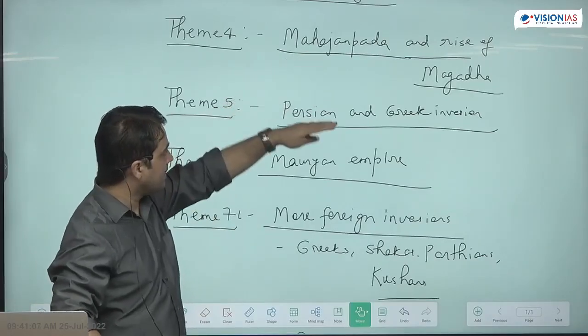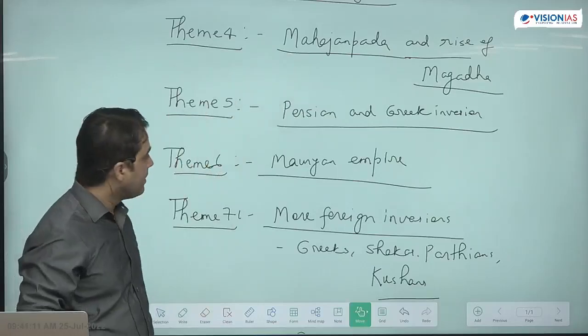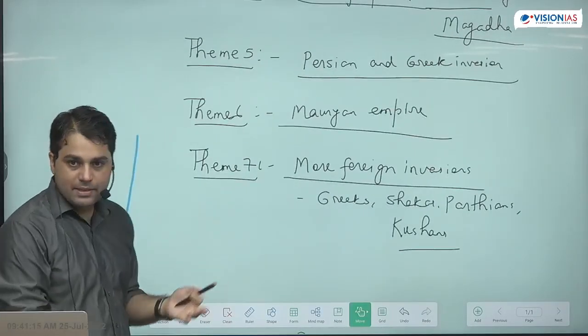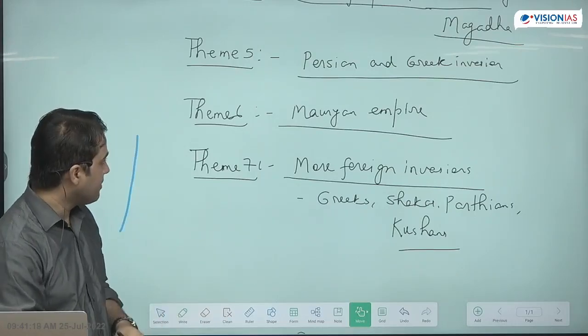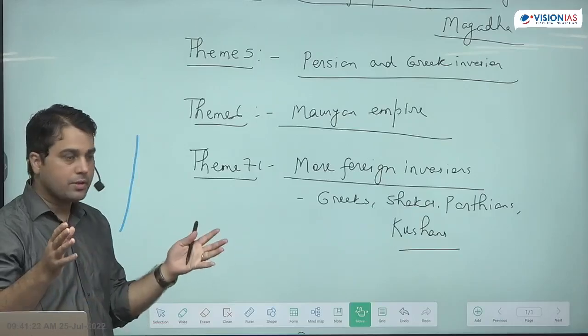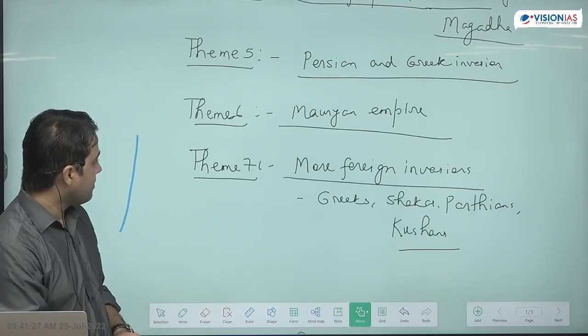Mahajanpad rise of Magad and Persian Greek invasion happened in the same time period. Mauryan Empire from 3rd century BC, in fact from about 321 or 324 BC till 187 BC. Right? So a huge period of about 200 years that we are going to discuss in Mauryan Empire.